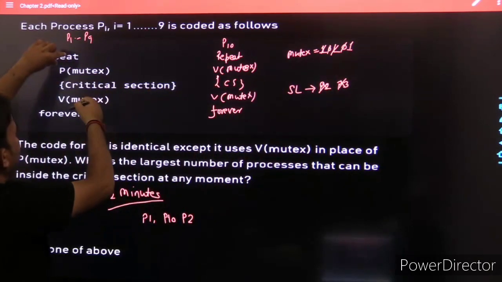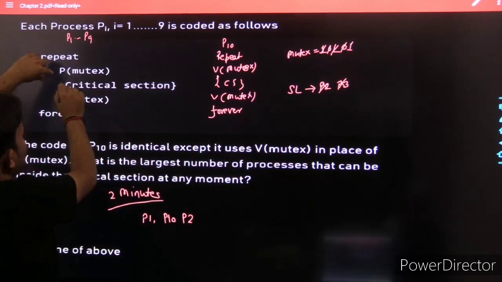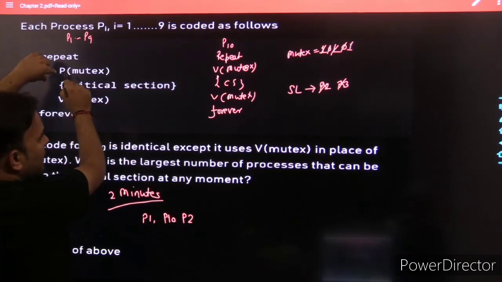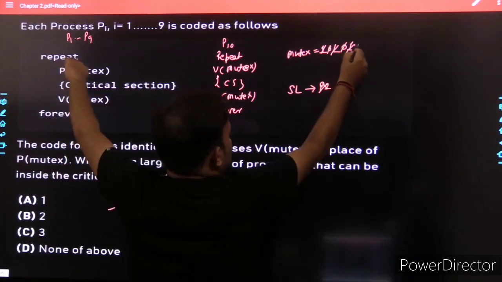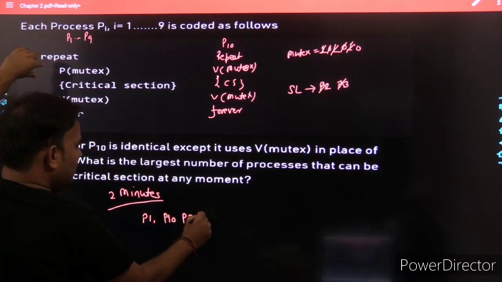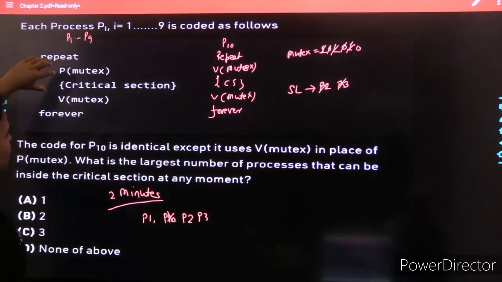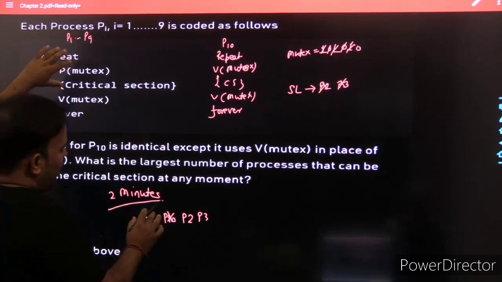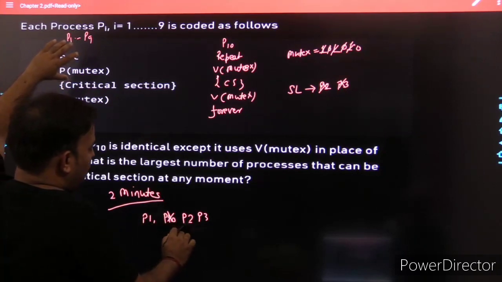Now P3 tries to enter into the critical section. Yes, P3 can now perform the down operation, and it can enter into the critical section. It completes its critical section and leaves it. At that time, how many processes do we have? P1, P2 and P3.